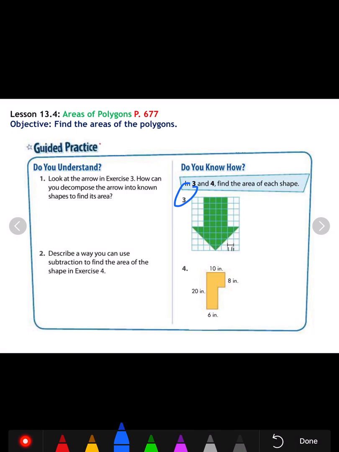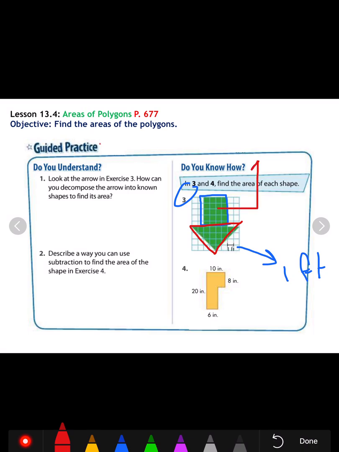And here it's mentioned that each unit is 1 foot. So now when I look at the polygon, I know that I can decompose it into a rectangle and a triangle.